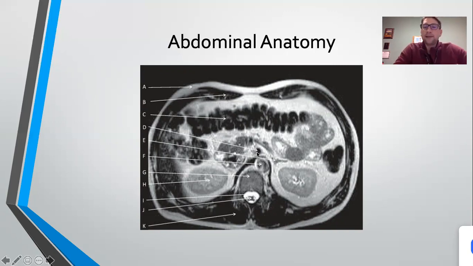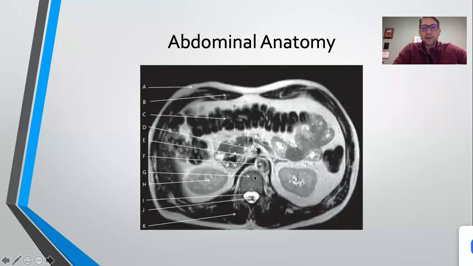D is the superior mesenteric artery. You can see that here. F is the abdominal aorta or the thoracic aorta, depending on where you're at. I think I skipped over E. E is the left adrenal gland, and once again, it kind of looks like a triangle, or if you're a Star Trek fan, it looks like the logo or emblem of Star Trek.